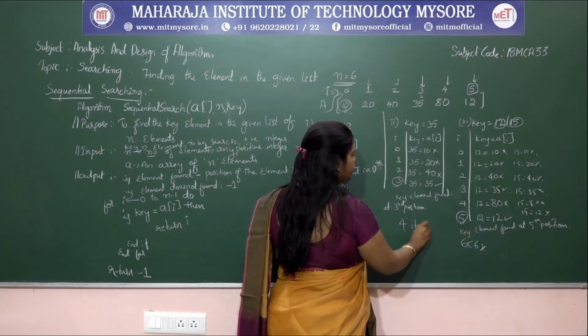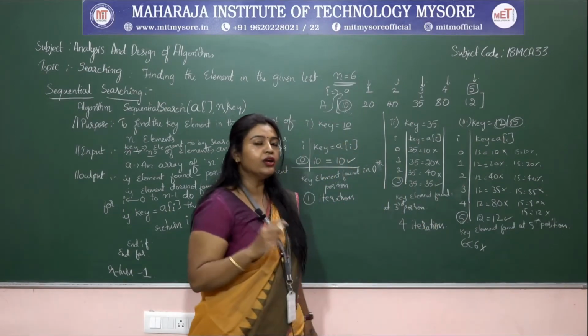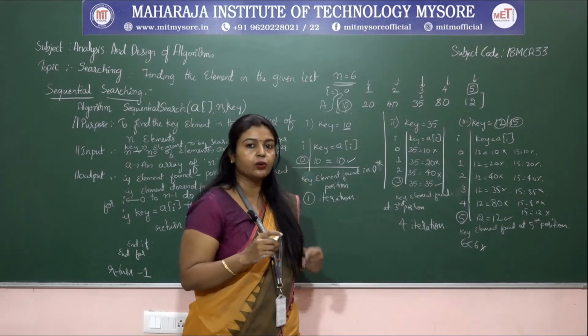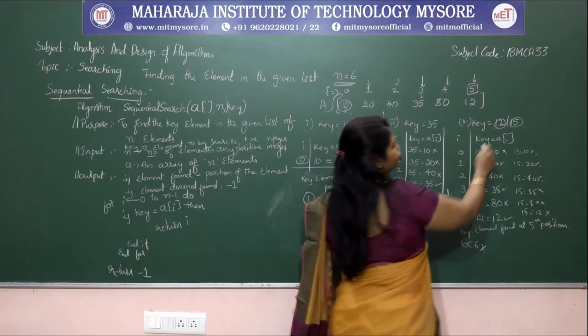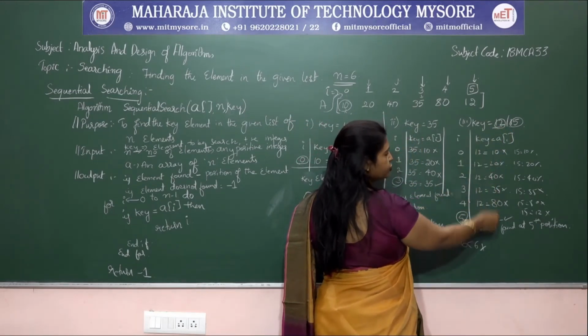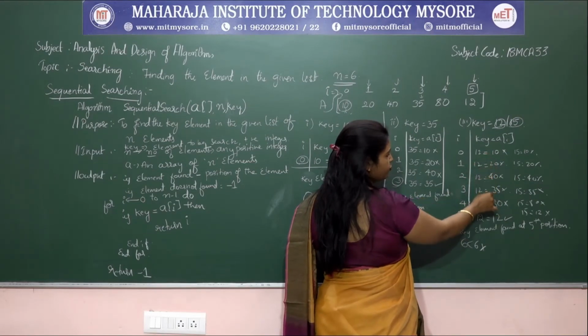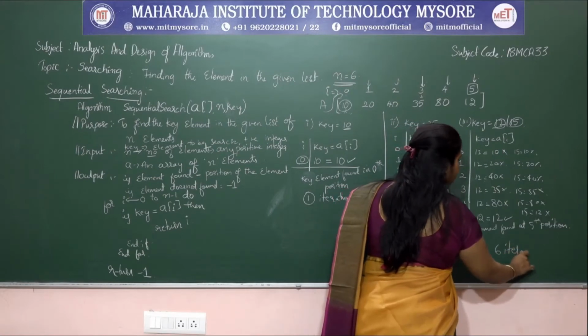So 4 iterations, but a successful search. And coming to the 12, in order to find the 12, how many operations have we performed? 1, 2, 3, 4, 5, 6. 6 iterations we have performed.